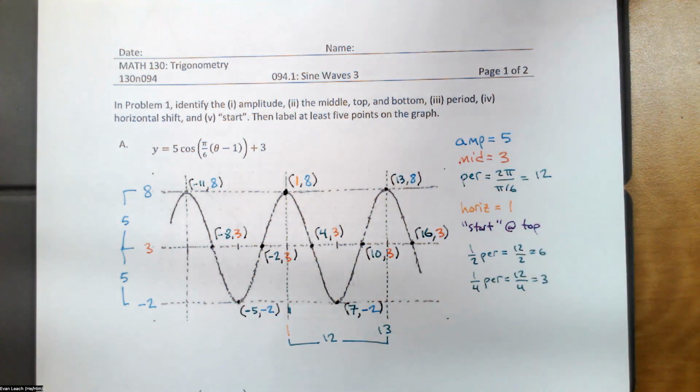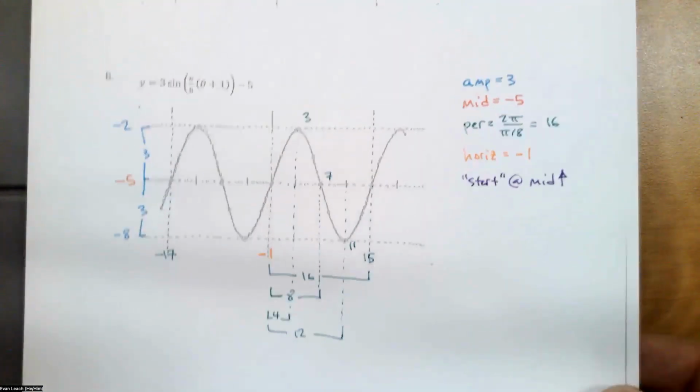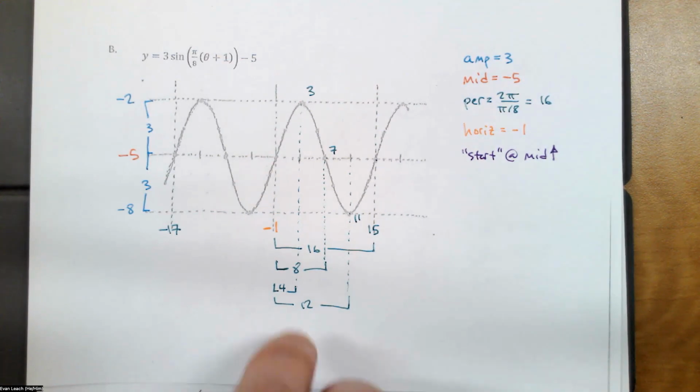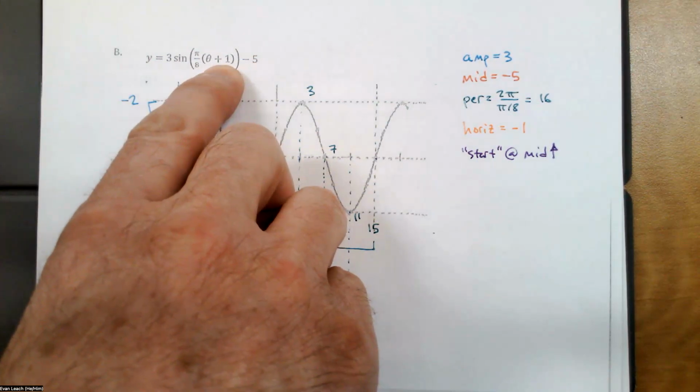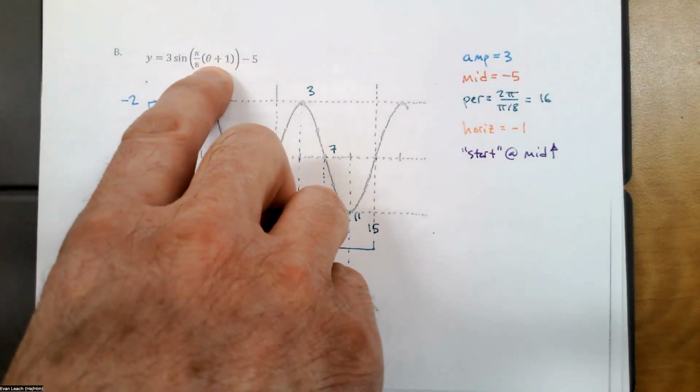And in the second one, in b, it says theta plus 1. We read that as theta minus a negative 1. Or we think, what does theta need to be to 0 out? So I have negative 1 plus 1 is 0, times pi over 8 is still 0.